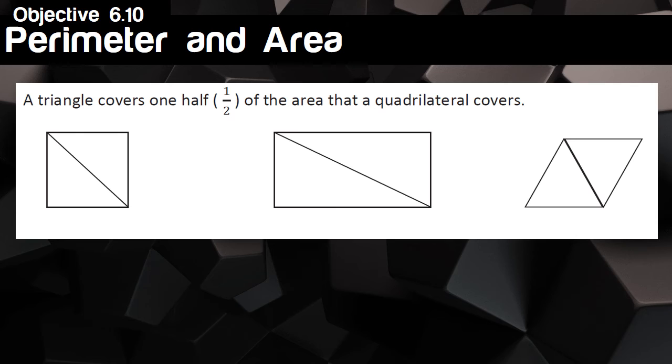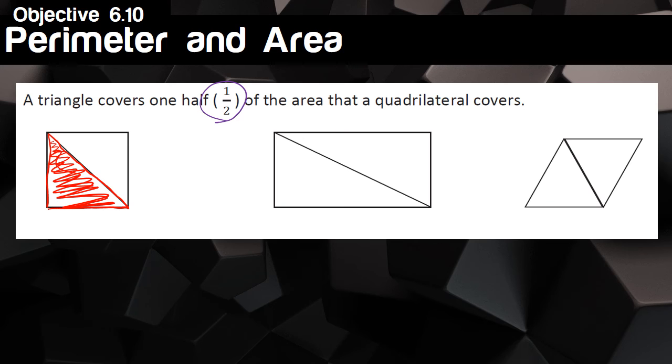For triangles, we know that triangles cover half of the area of different quadrilaterals. If I was going to do a diagonal in a square, I'm cutting that quadrilateral in half to make my triangle.